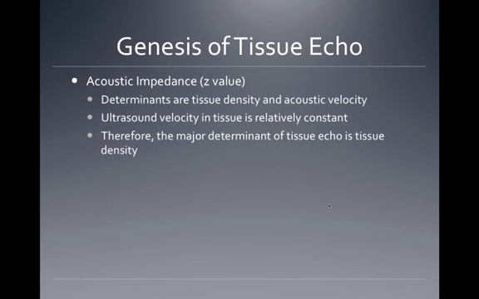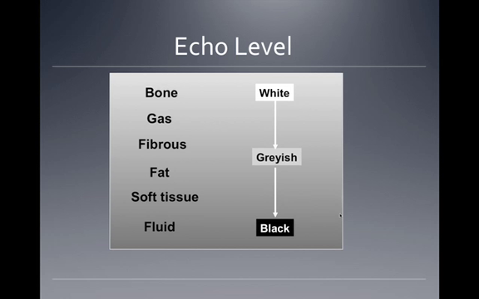The velocity of the ultrasound is pretty constant as it goes through tissue, and the determinants of how that echoes back are the tissue density, the differences in those densities. So the deltas are what make the difference, and it makes a difference for the machine to be able to pick those up, interpret them, and give us an image. So the major determinant of tissue echo is our tissue density.